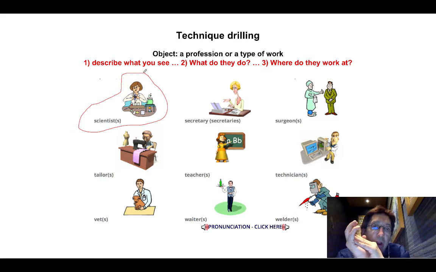Okay, very good. Now, what does she do? What type of work is this? She is identifying different liquids, and whether those liquids or chemical ingredients have some special ingredients in them. Okay, good. And where does she work? Where can you find this type of profession?